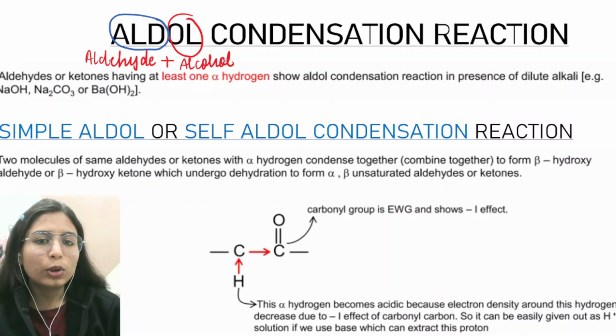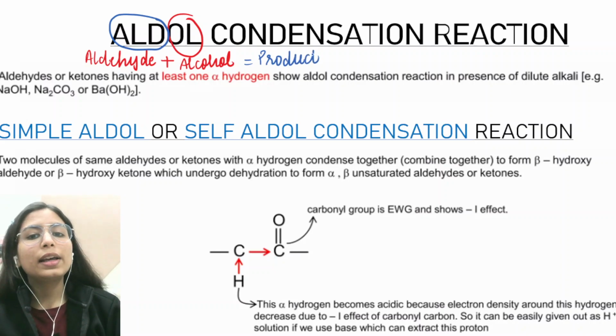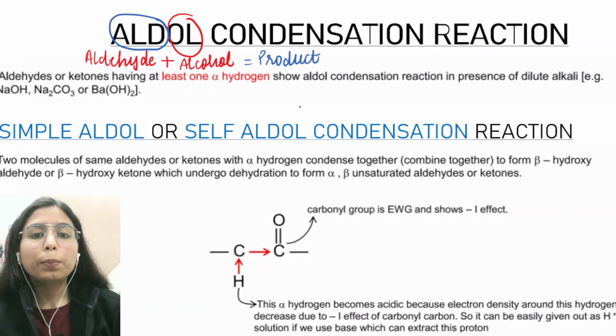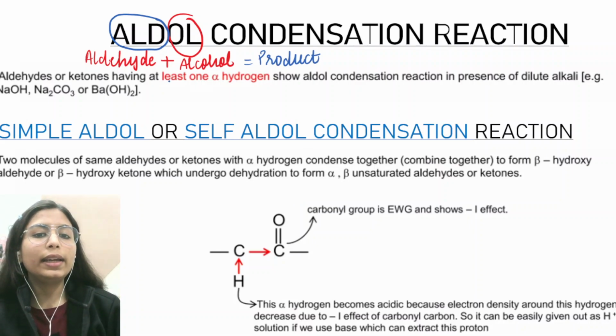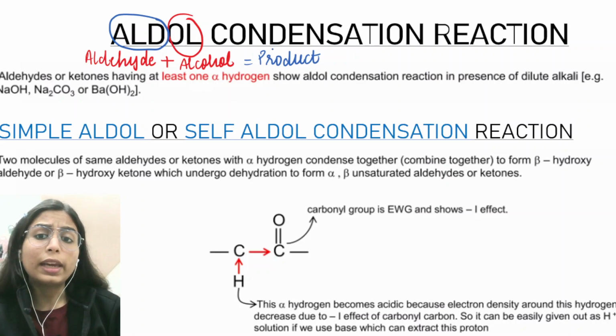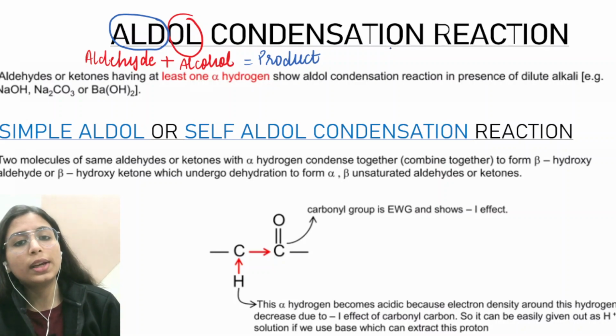Now why aldol? Because the product that we are getting over here is a mixture of aldehyde and alcohol. So basically your product contains both the functional groups, that is aldehyde and alcohol. That is why the name for this reaction is the aldol reaction. Now the point to be noted is that two types of name reactions you will come across, the aldol reaction and the aldol condensation reaction.